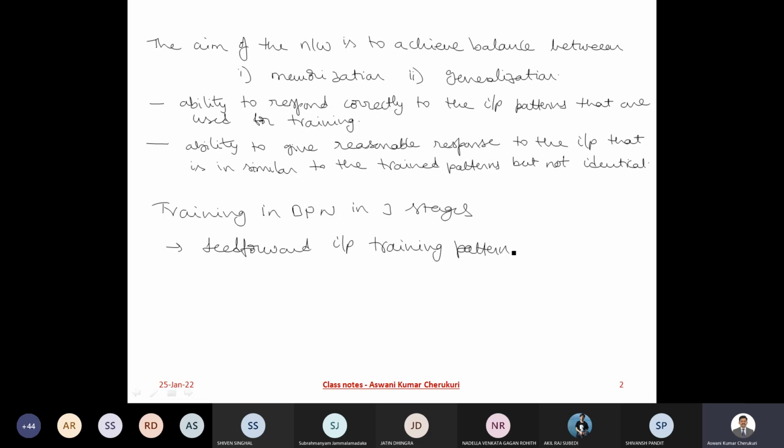Then calculation of error and backpropagation.